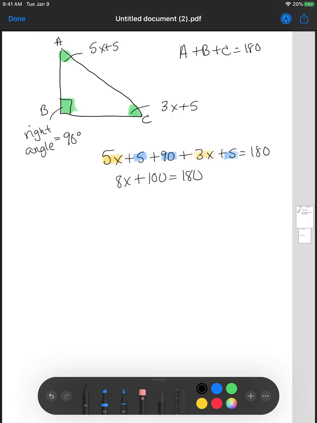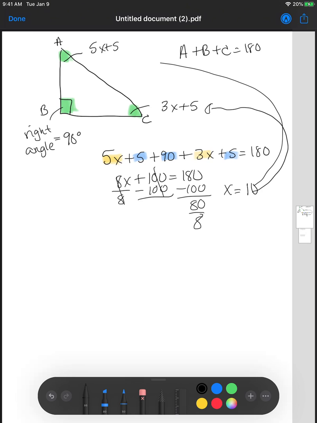Then I'm going to work backwards, subtract 100, that leaves 80, and divide by 8. I get x equals, I believe, 10. All right, so I know the value of x, which is great. Now I need to go back and plug it into my equation so I can find out the angle measurements.